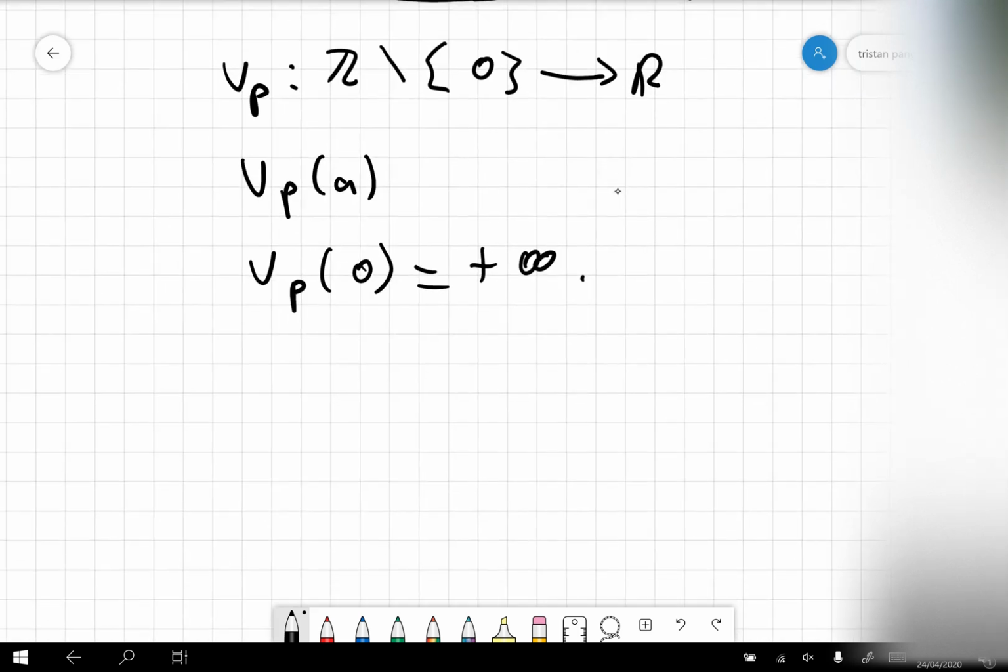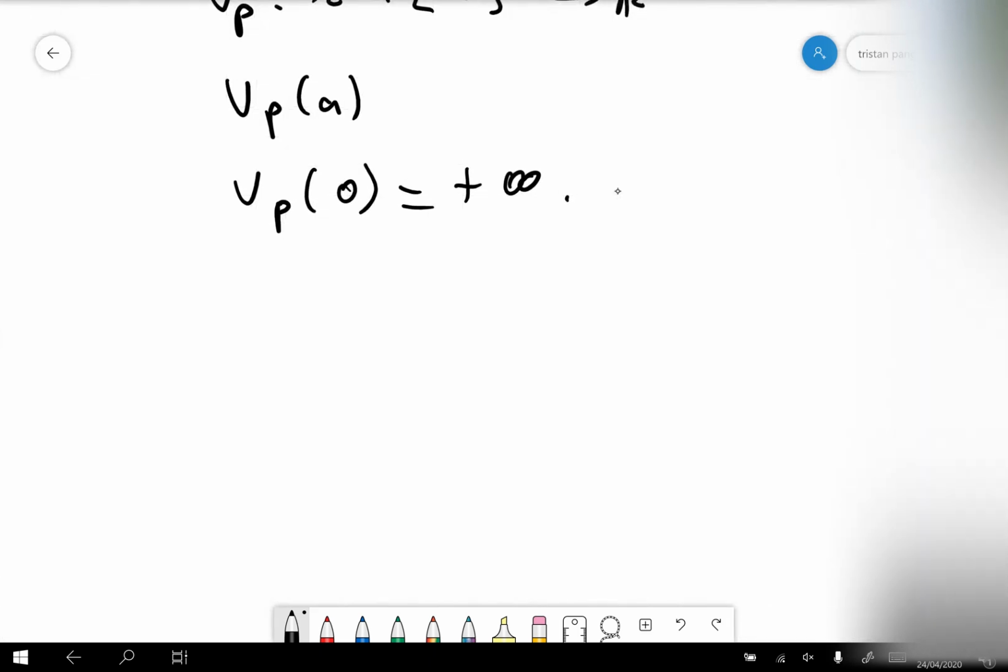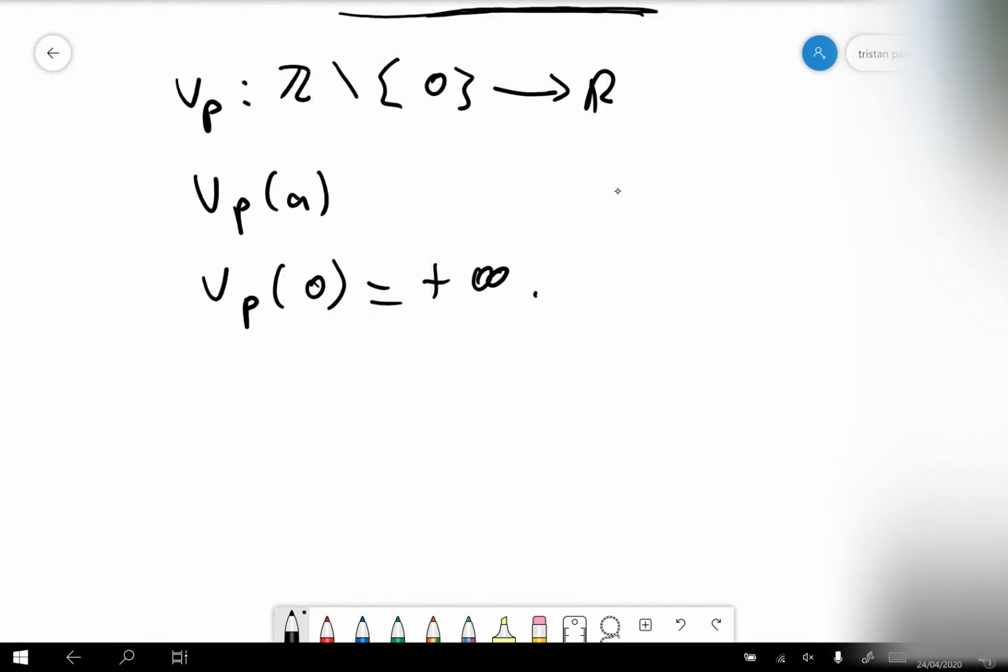And if we look at what this is actually saying, v_p of a, the valuation of an integer, is actually the largest power of p dividing a. So for example, if we take the number 27 with p equals 3, then the 3-adic valuation of 27 would be 3.